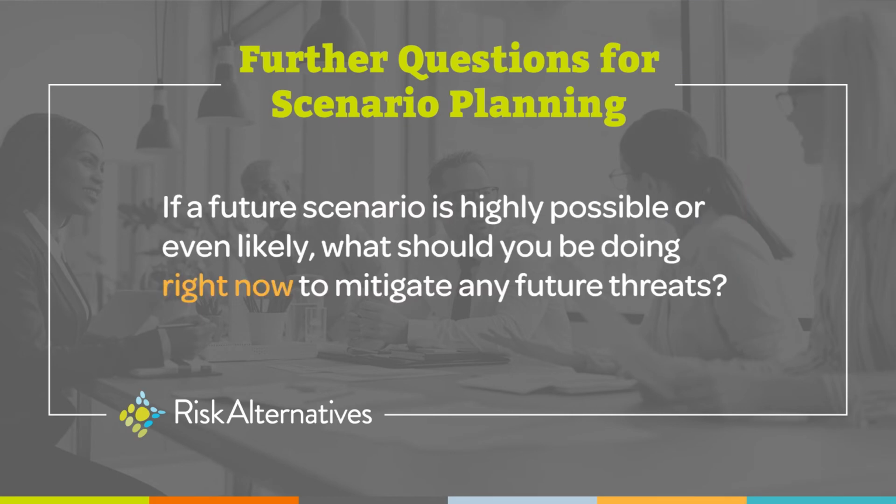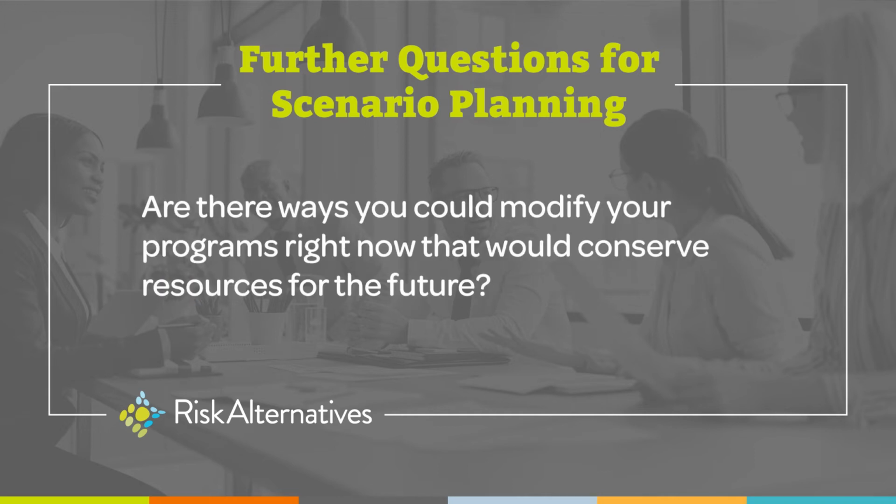Third set of questions about the scenario planning would be, if there is any real possibility of that scenario happening in the future, what should you be doing right now in the present in order to mitigate some of those threats down the way? Are there ways that you could modify your programs right now that would conserve resources for November?